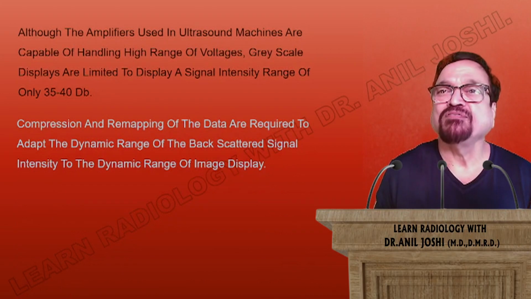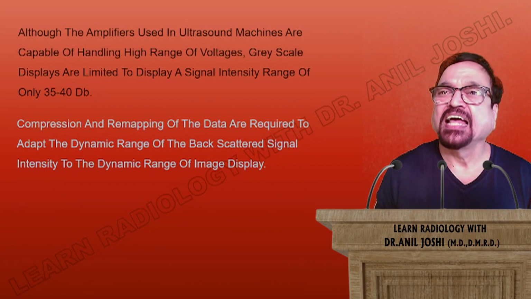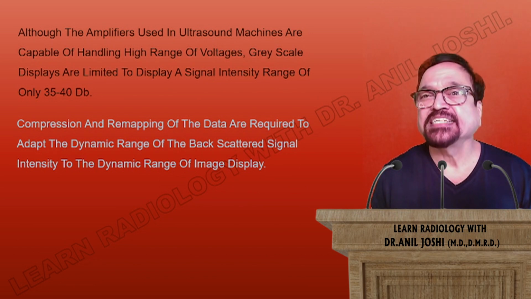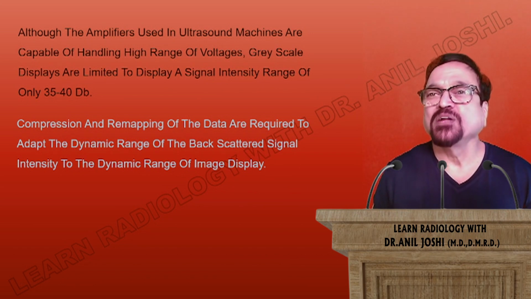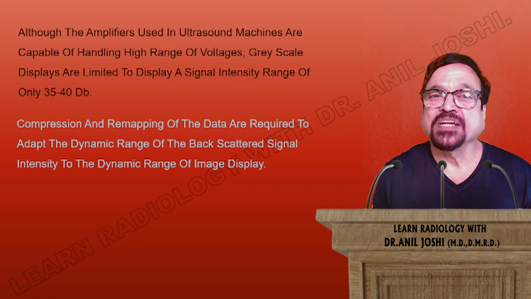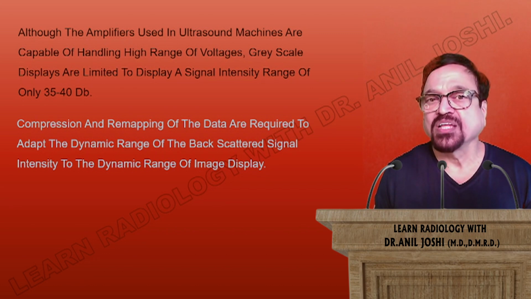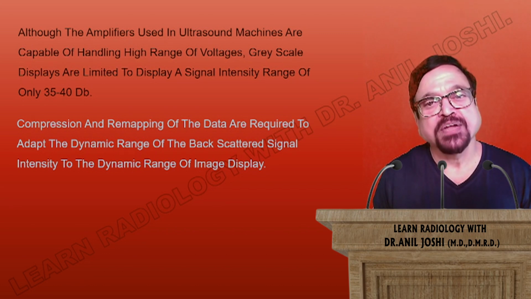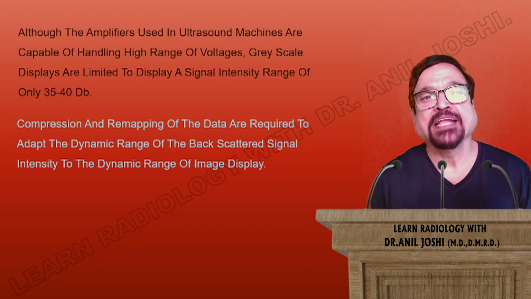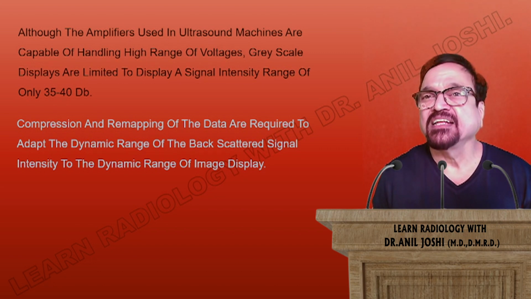Though the amplifiers used in an ultrasound machine are capable of handling high voltage ranges, grayscale displays are limited to displaying a signal intensity range of 35 to 40 decibels. There is a limit to the shades of gray and white I can appreciate. Depending on that, there are steps of 32, 64, 128 or more, depending on the manufacturer and the machine capacity.